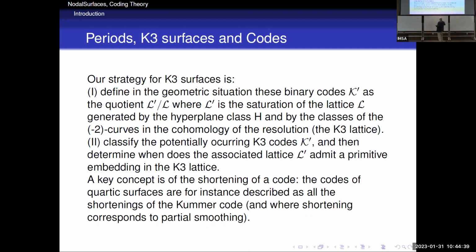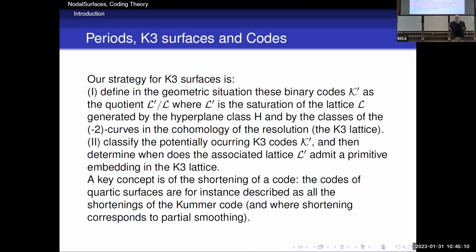between codes and components. For the components, geometrically, you have the partial smoothing, but in coding theory, this partial smoothing is equivalent to the concept of shortening. And okay, even if this is quite trivial, shortening means the following. A code is a space of functions.